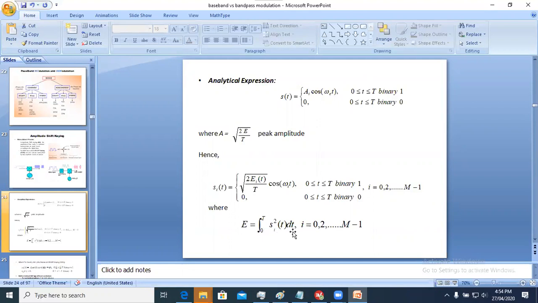So we can calculate the symbol energy for MASK. If we are using the MASK scheme, we can calculate the corresponding energy of the symbols with this formula. Here I represent the M-ary amplitude shift keying.